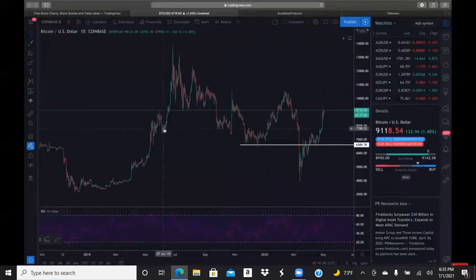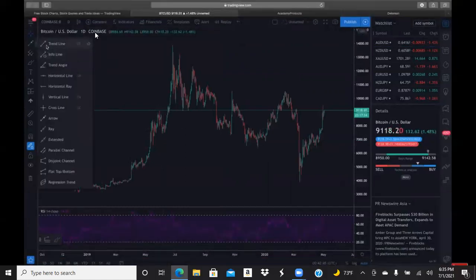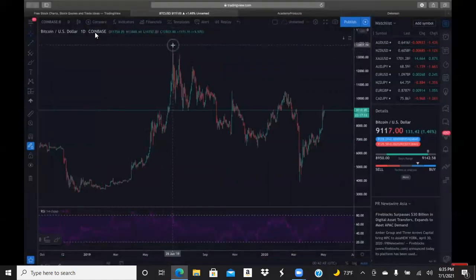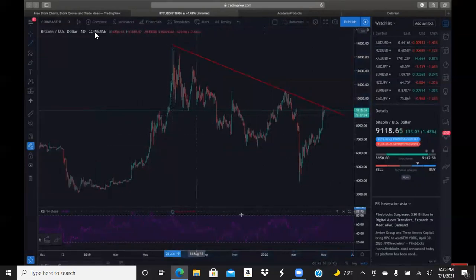There we go. So let's take a look at this. Okay. Trend line, trend line. Let's just start drawing. Okay, here's that peak. Here's the second peak.